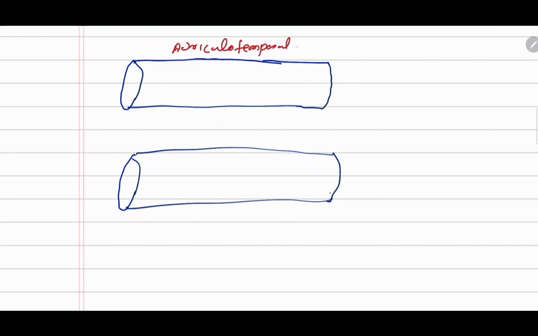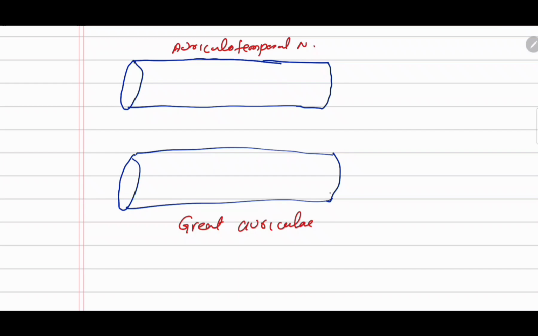Now, here I am drawing the diagrammatic representation of two nerves. This is the auriculotemporal nerve. This is the great auricular.